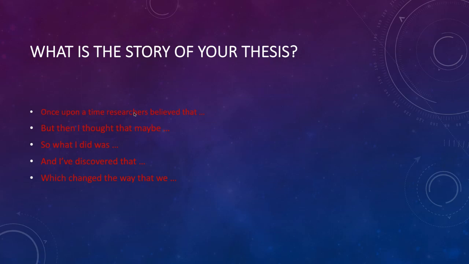The current state of a particular field of inquiry, or a particular theme or topic in your research, or towards what your research is directed. So it's about referring to that. So once upon a time, researchers believed that, and you can fill it in. The trick here is to only use 1 or 2 lines maximum, right?